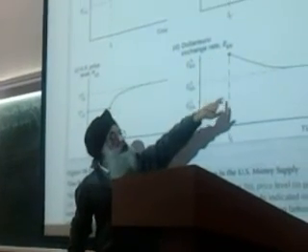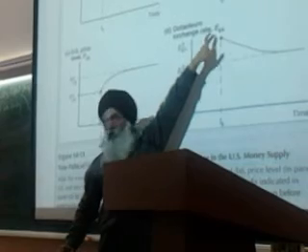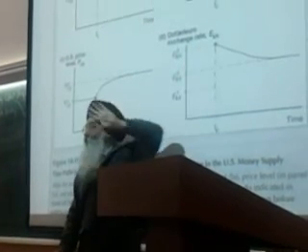The two together are possible only if the dollar depreciates not from here to here, but instead from here to here. So you have an overshooting.